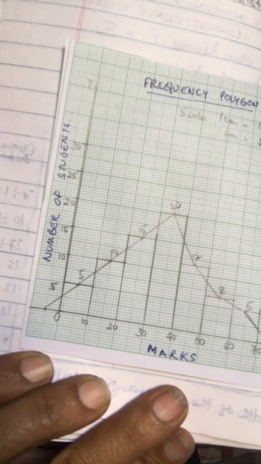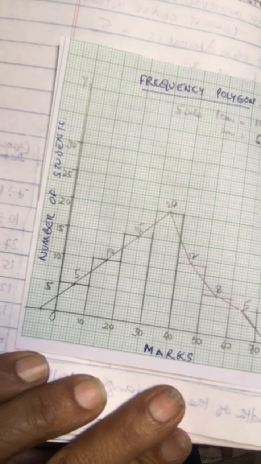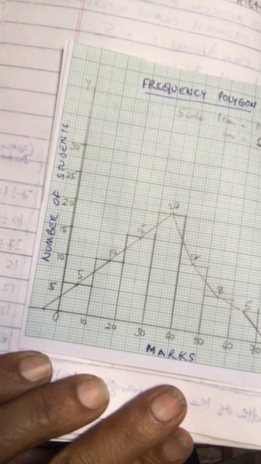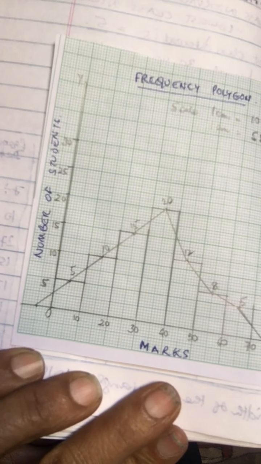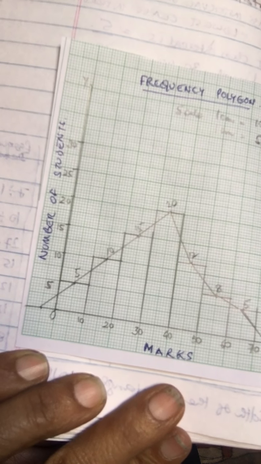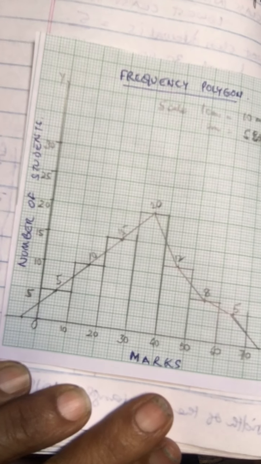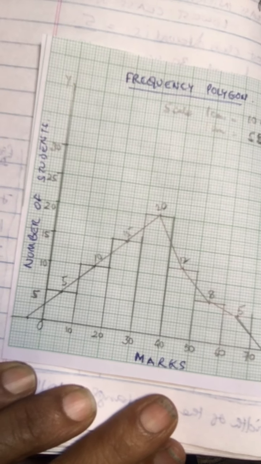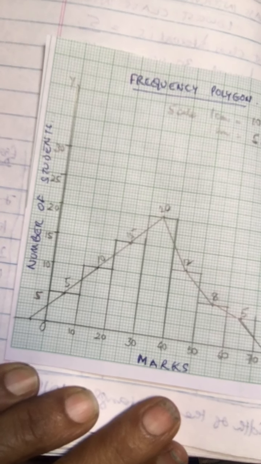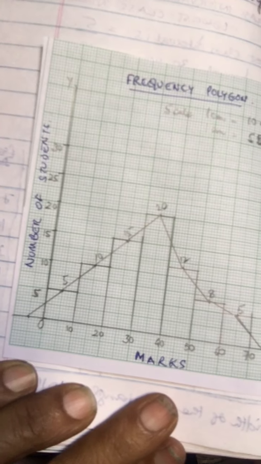And of course the ends of the frequency polygon are preferably extended to the baseline at the midpoints of the classes at both ends, so the frequency of the two imaginary classes is taken as 0. While drawing the frequency polygon, we find that some area which was under the histogram has been excluded, and some area which was not under the histogram has been included under the frequency polygon.